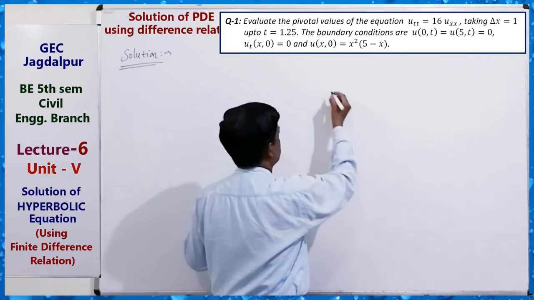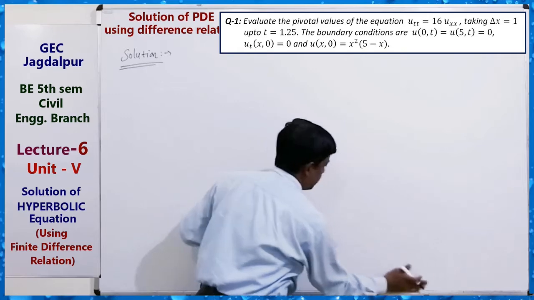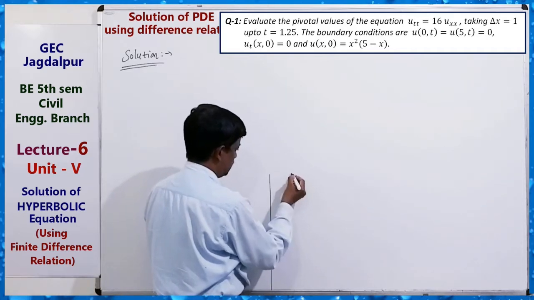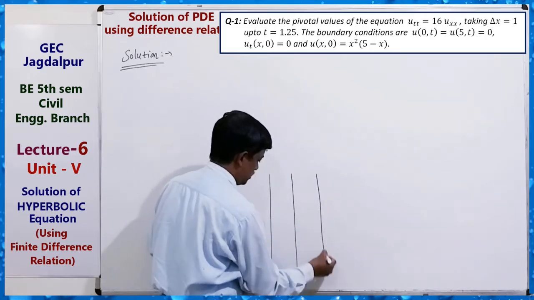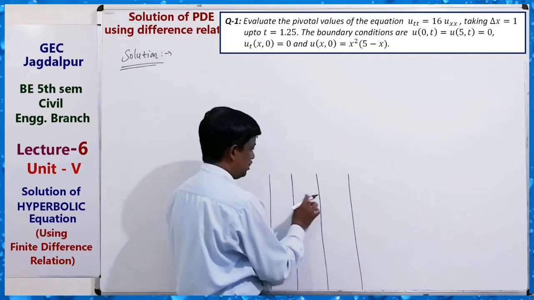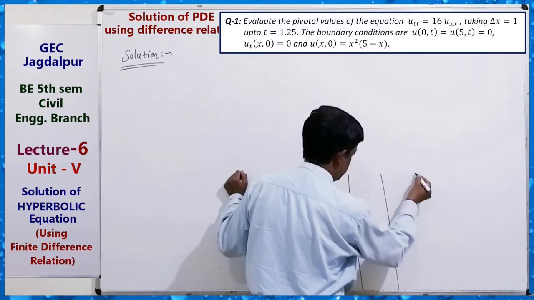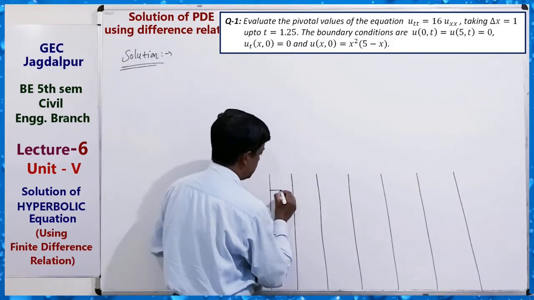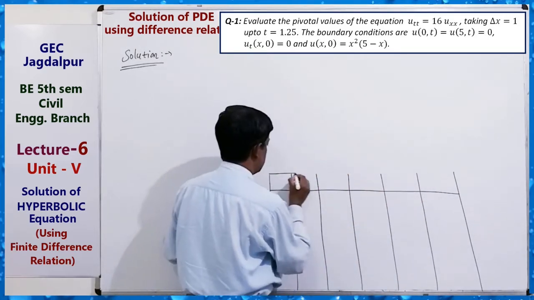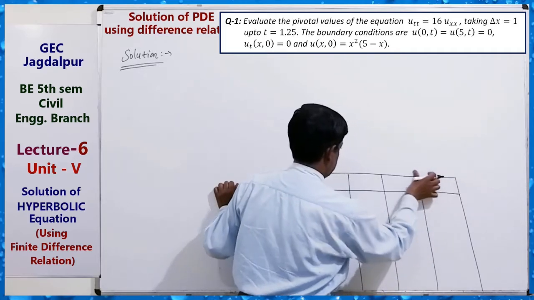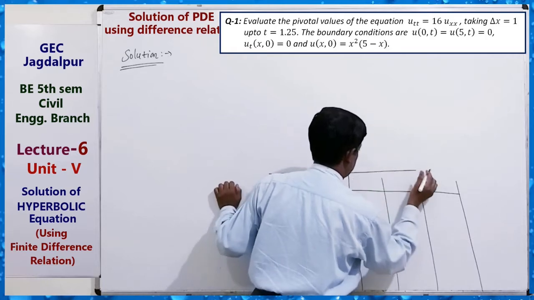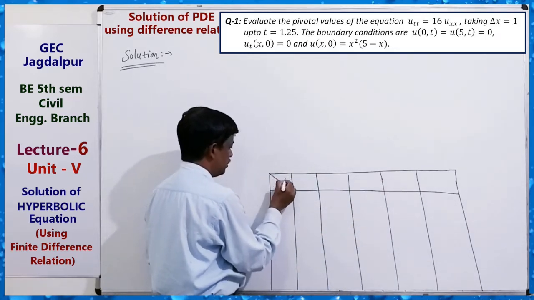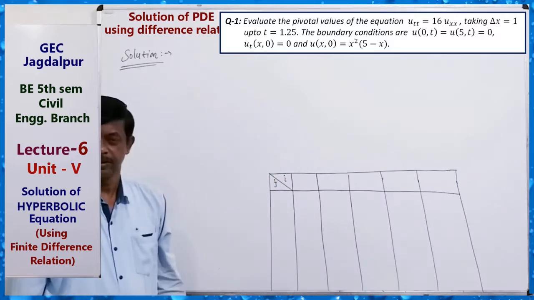So you have to prepare a table just like this: 0, 1, 2, 3, 4, 5. This is i, this is j.